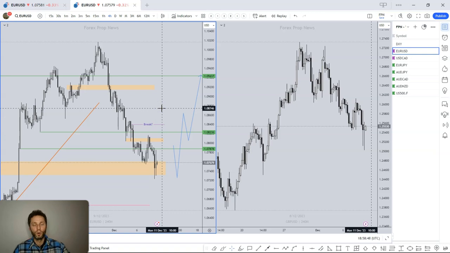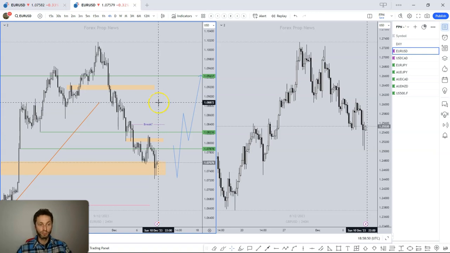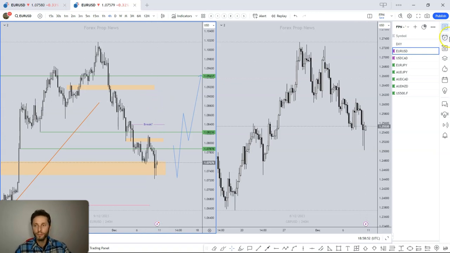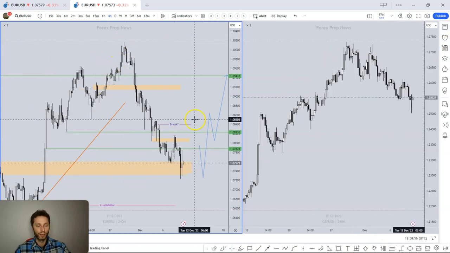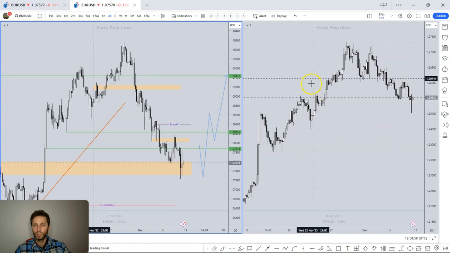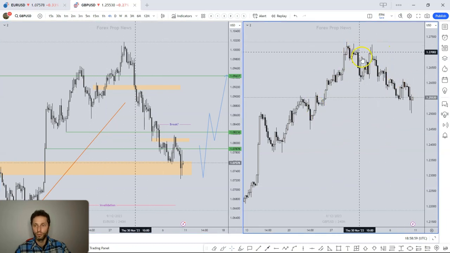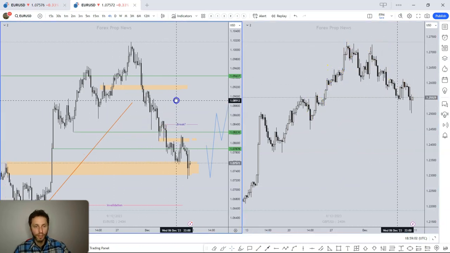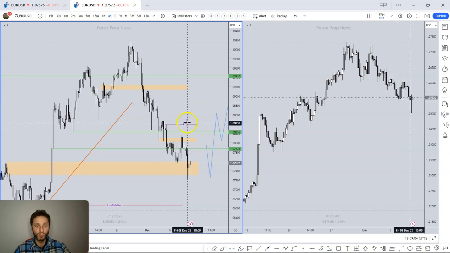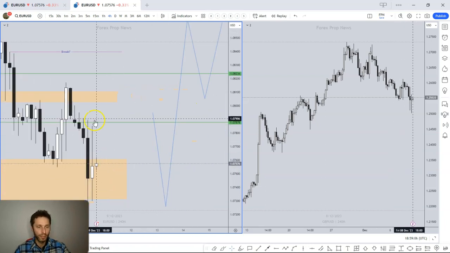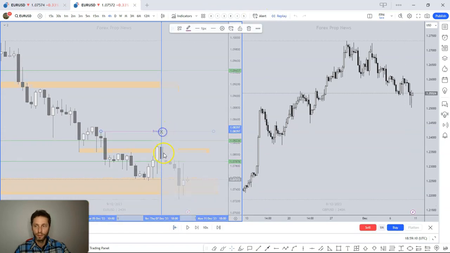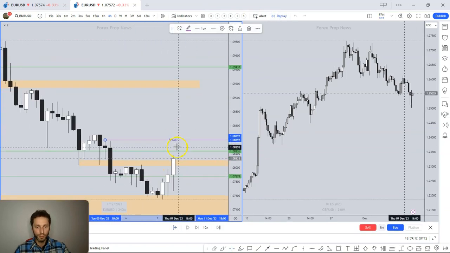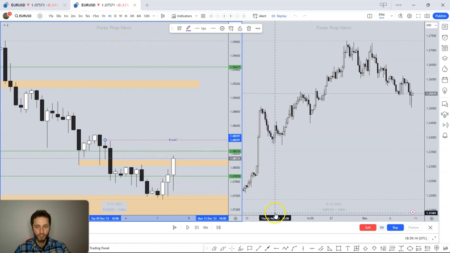Let's look at this scenario on the Euro dollar, and this is from this week. I have the Euro dollar here on the left, and I have pound dollar here on the right. If we look at Euro dollar and at this level, let me just rewind this, we are looking at this time.